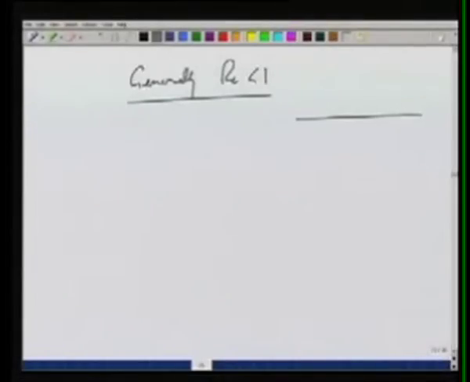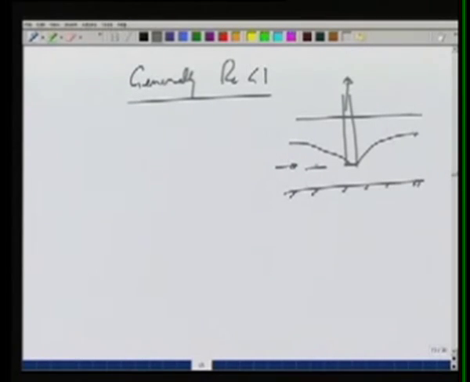For example, if you are pumping water from a well, the velocity far away from the well may be small, but as water comes closer to the well, the velocity becomes very large. So it may not be valid in some portion here, depending on the pumping rate.